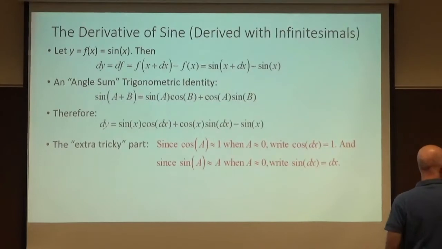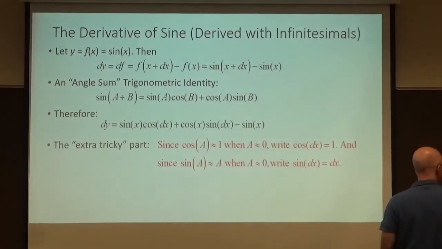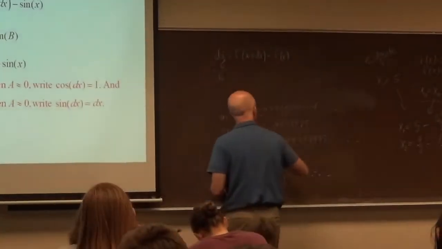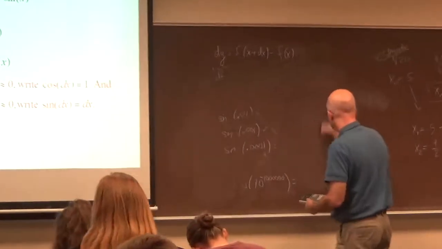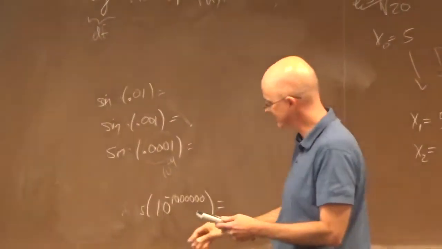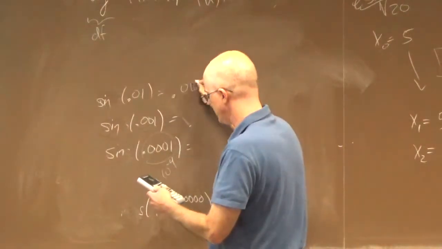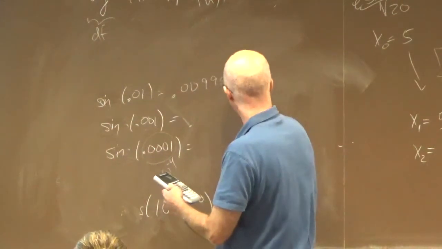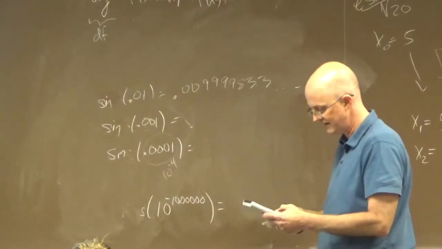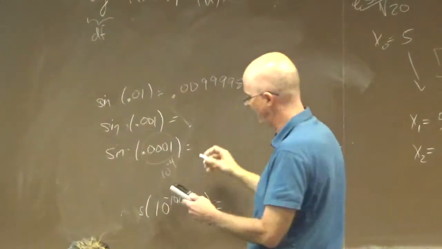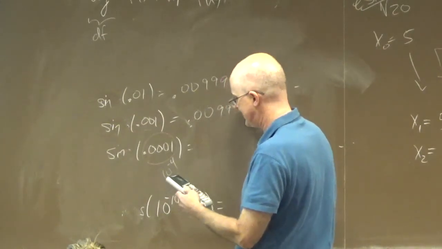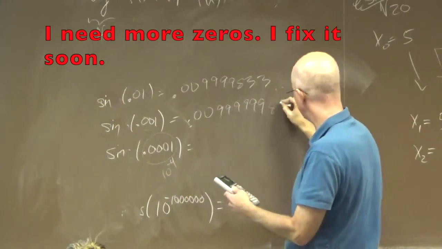What about sines of these things? Sine of 0.01 is 0.009999833. Sine of 0.001 is 0.00999999833.